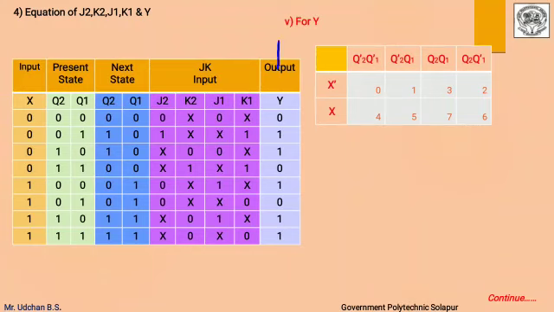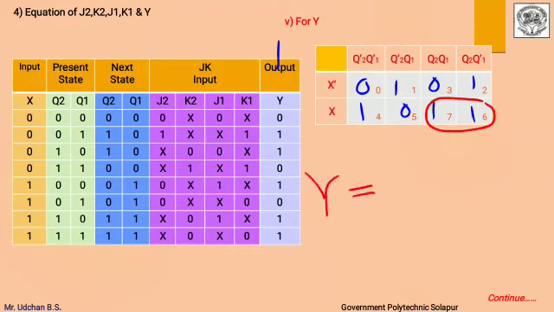Similarly enter the values of y onto the K-map as 0 1 1 0, 1 0 1 1. So here one pair will be formed. So the equation of y I will write over here.